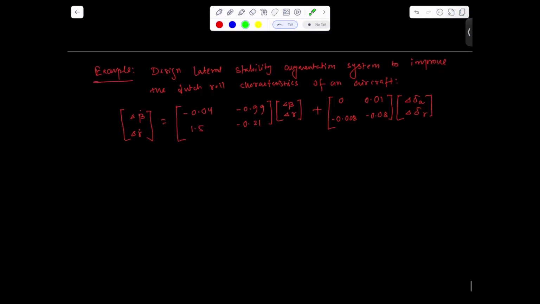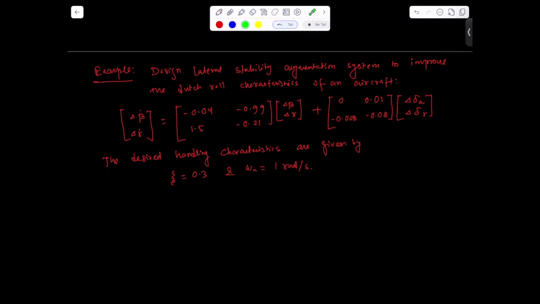And the Dutch roll handling characteristics are given by damping ratio 0.3 and natural frequency 1 radian per second.